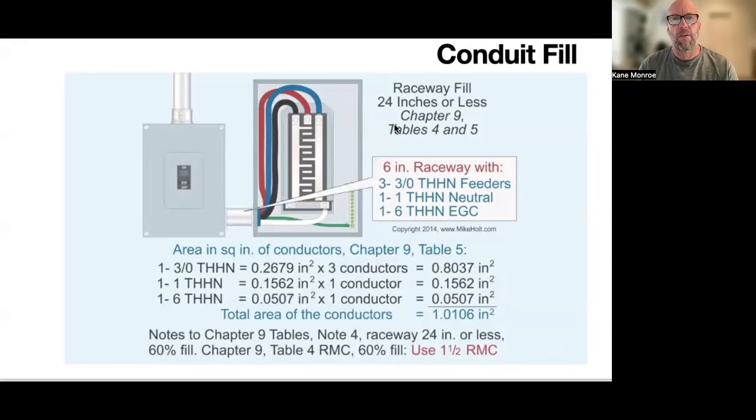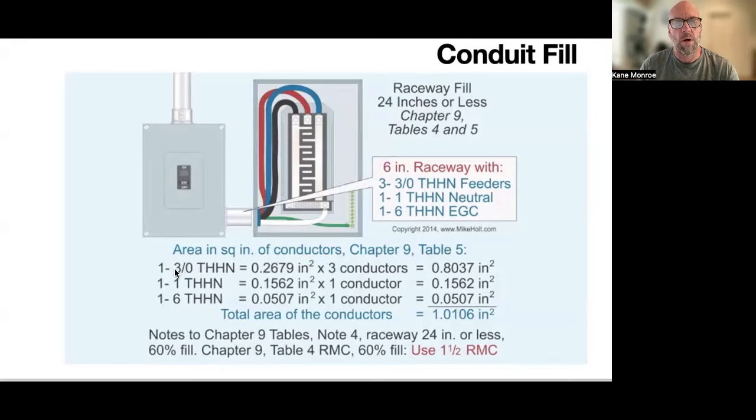We know that it's 24 inches or less, so we can get 60%. Now we need to go to chapter 9, table 5, look under THHN, and we'll read the same as the other charts. The size of the wire or the conduit is on the left-hand side, and your percentage of fill is on the right.